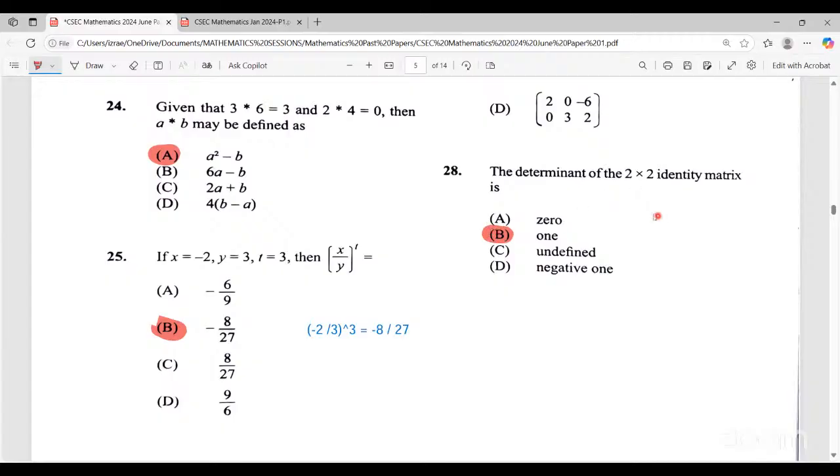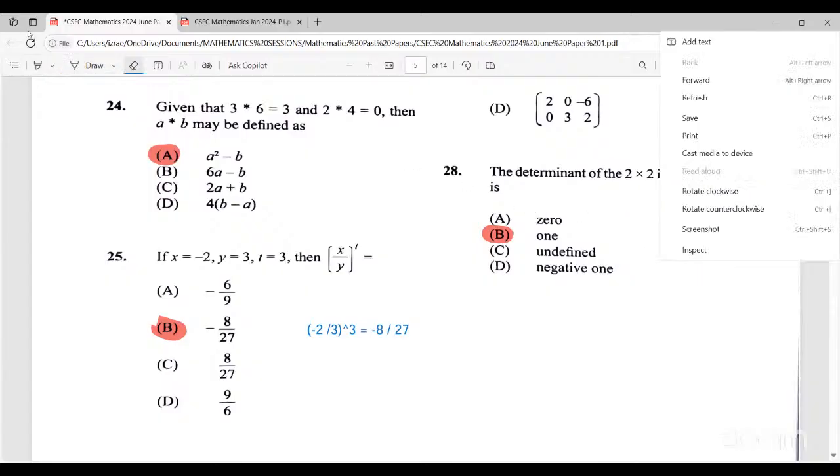If you get the determinant, 1 by 1 is 1, minus 0 by 0 is 0. So 1 minus 0 gives back 1. Good. Moving on.